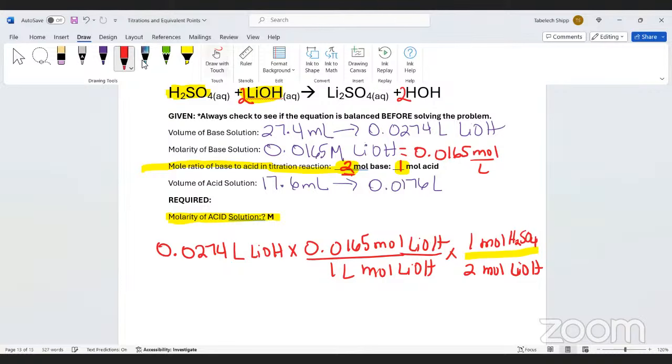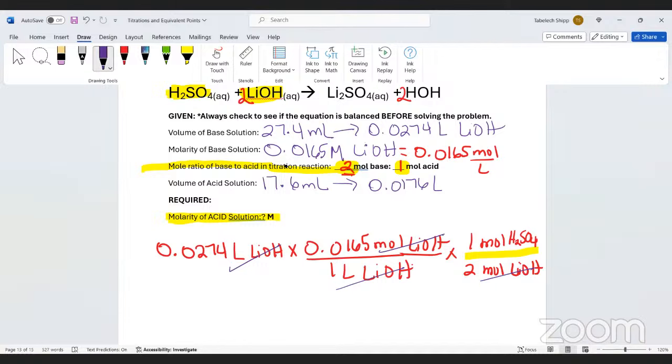Now let's go ahead and cross out things that we don't need. We don't need the liters, okay? I wrote moles right there, trying to write fast. Sorry, y'all. We don't need the liters of the lithium hydroxide. We don't need the moles of lithium hydroxide. What's left over right here are my moles of H2SO4.